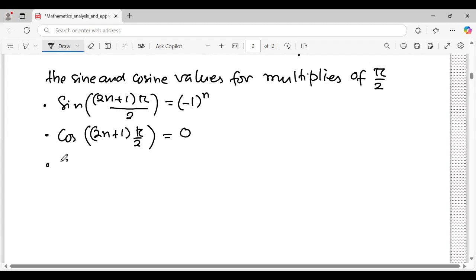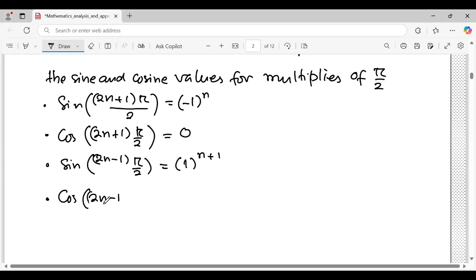The third, for sine 2n minus 1 pi half, the result is minus 1 power n plus 1. The fourth, for cosine 2n minus 1 pi half, it is 0.